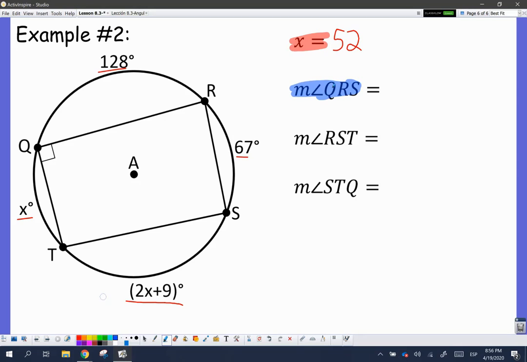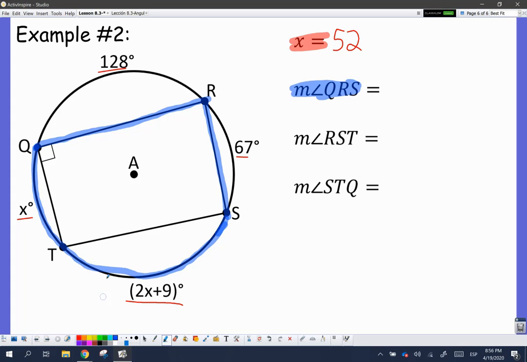We're going to start at point Q, go to R, then finish at S. To find this angle, if we look, we don't really see anything obvious here that can really help us out. But we do notice that our intercepted arc, the corresponding arc, is this one right here.